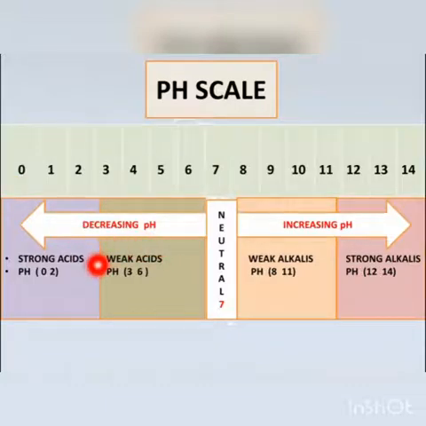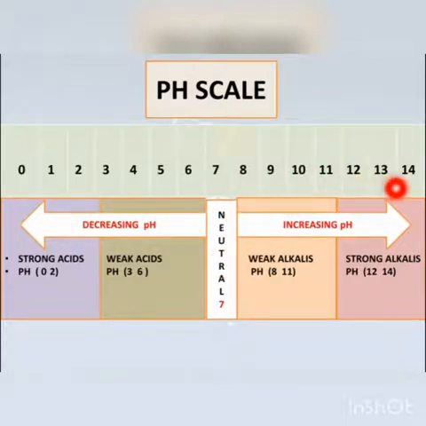Strong acids are the ones which have pH from 0 to 2. These are the strongest acids. And the acids having pH from 3 to 6, meaning 3, 4, 5, 6, if the pH of a solution is falling in this region, then it will be considered a weak acid. Okay, if pH is 7, it means the solution is neutral.